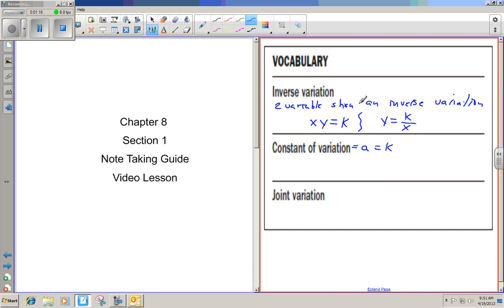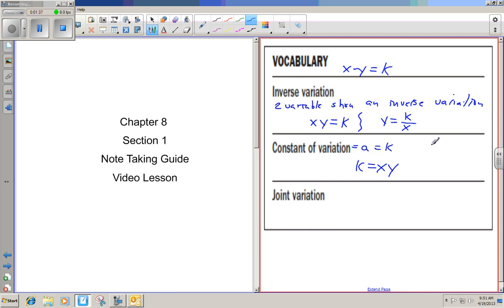So if you were ever checking whether an inverse variation was an inverse variation, you would do x times y, and no matter what those two numbers were, you should end up with K. Constant of variation, A or K, however you want to look at it, your K value is the product of the x and the y together.